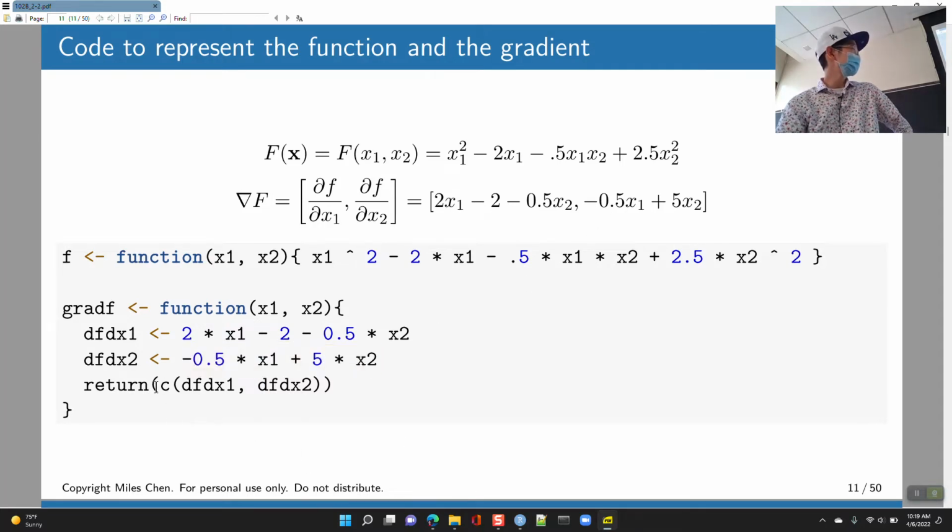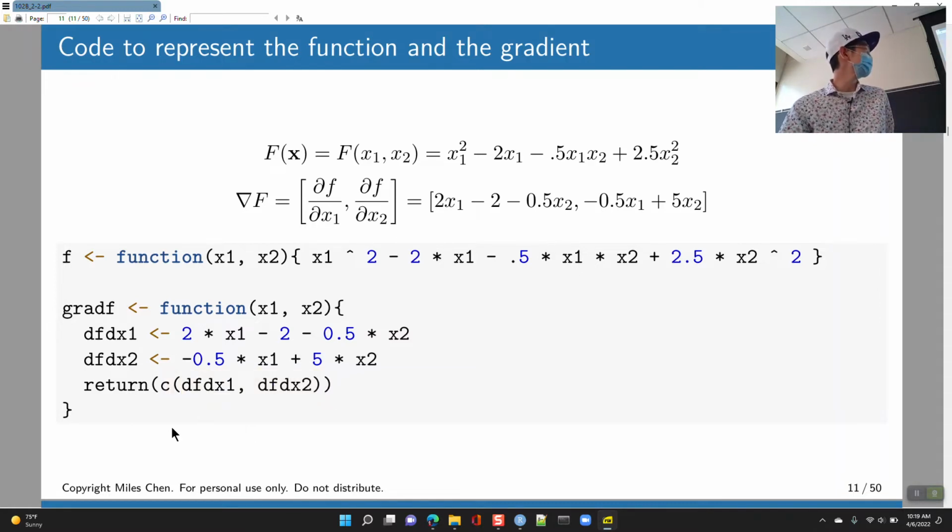This return is unnecessary, but it emphasizes that it's returning a vector of length 2: the partial derivative of f with respect to x1 and with respect to x2.